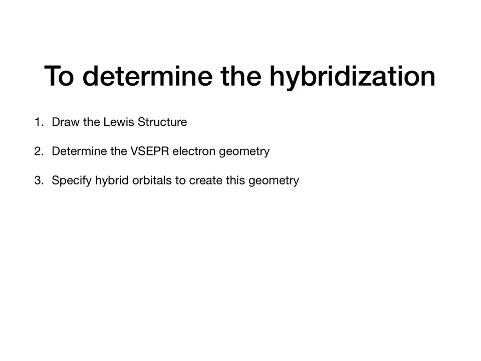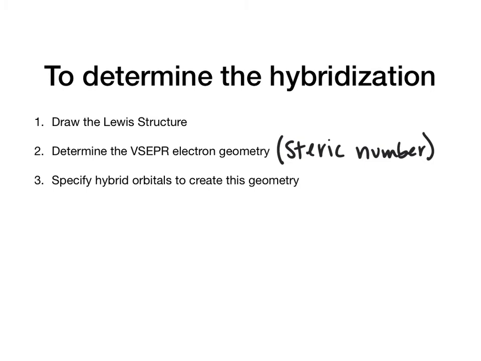So to determine the hybridization, it's relatively simple. Draw the Lewis dot structure, determine the VSEPR electron geometry. So this means the steric number. And specify the hybrid orbitals that create this geometry.